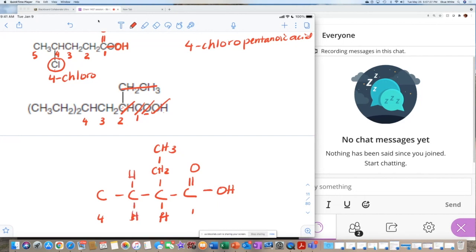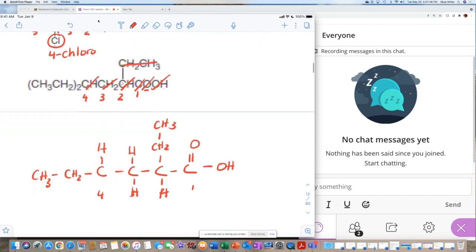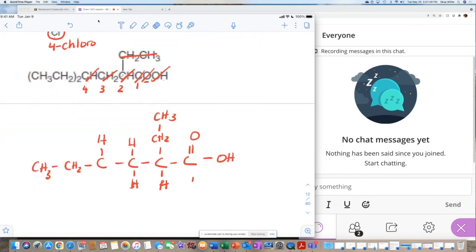On carbon 4, I have an H right there. So I'm done with 3 and 4. But on carbon 4, I also have these 2 groups: CH2CH3. I put one on my left and the other on the bottom. I need the space right here.